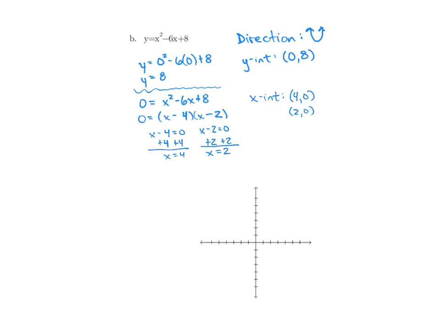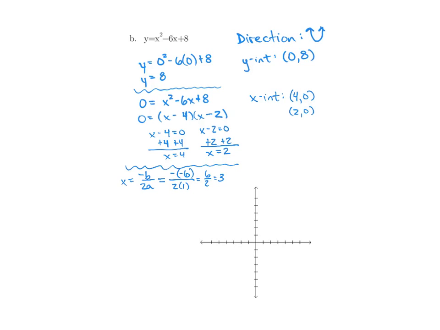The last thing that we need is the vertex. So for the vertex, we can go ahead and plug our coefficients into the formula x equals negative b over 2a. If we plug that in, we get minus a negative 6 over 2 times 1. This is equal to 6 over 2, which gives me 3.